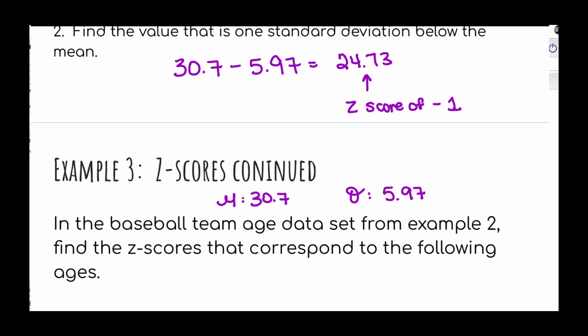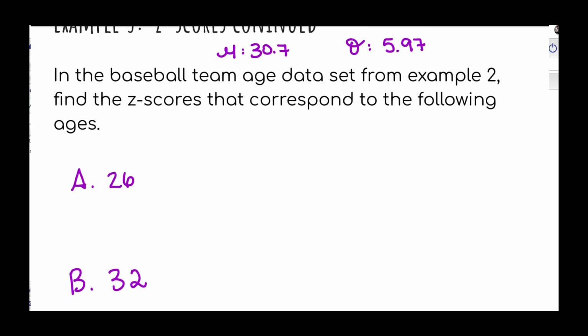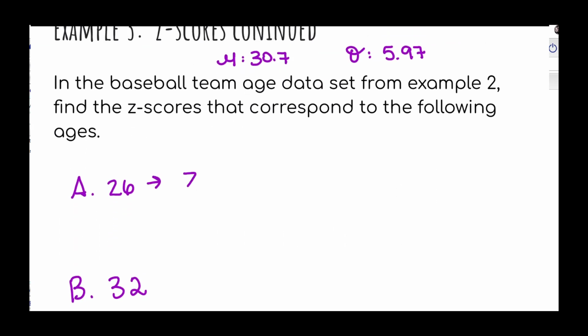You need those. Now we're going to find the z-score for each. Recall the z-score is x minus mu over sigma. So the z-score of 26 is 26 minus the mean of 30.7, divided by 5.97. This would require a calculator most likely.